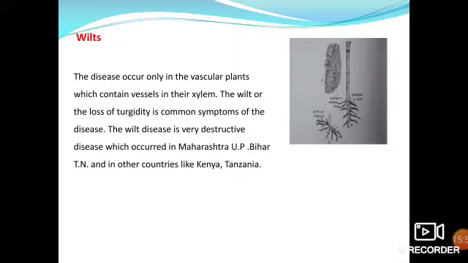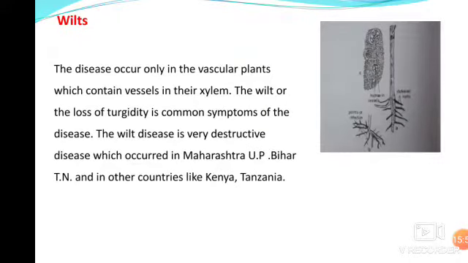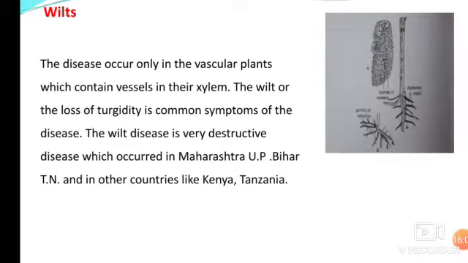Next example, next slide, in case of wilt. See here, these are the wilt symptoms. Actually, wilt means drying of the entire plant. Here, the disease occurs only in the vascular plant, where the vascular cells are xylem and phloem.